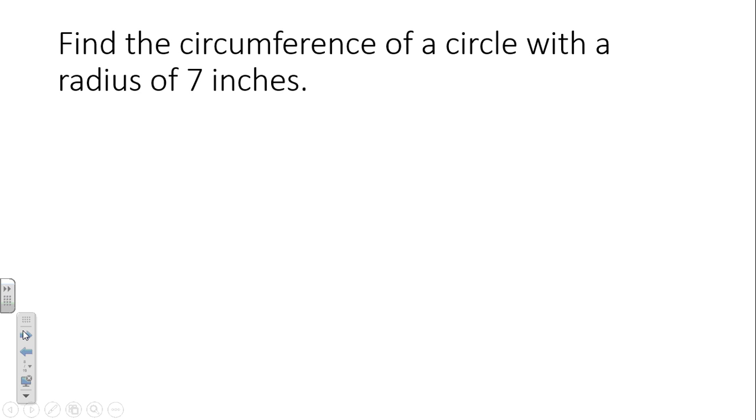But if they ask you to find the circumference and they give you a radius, then it's probably a good idea to say, hey, I need the circumference formula. I have two to choose from, but I've been given a radius, so I want to use the 2 pi r. Or you can double the radius and use the diameter formula. Absolutely. Okay? Your other formula could be C equals pi times the diameter.